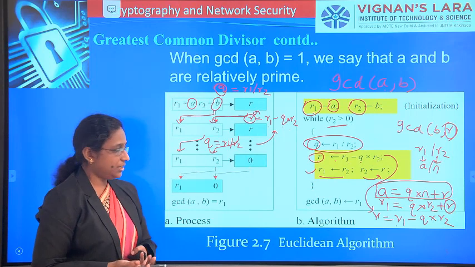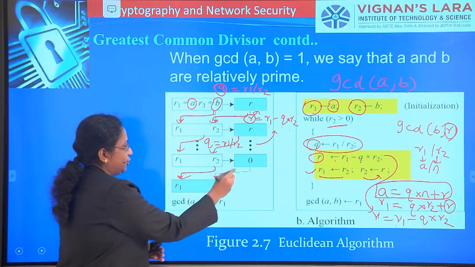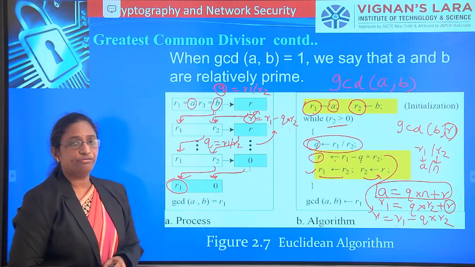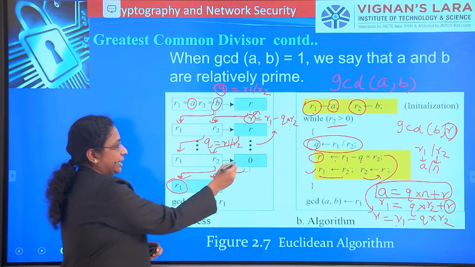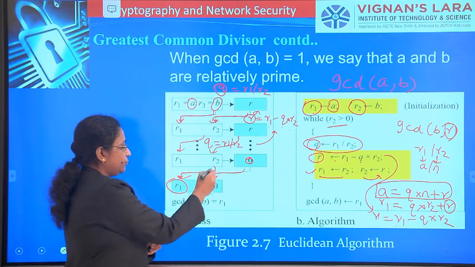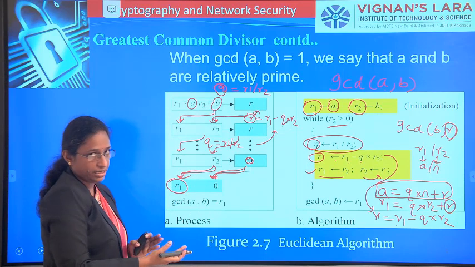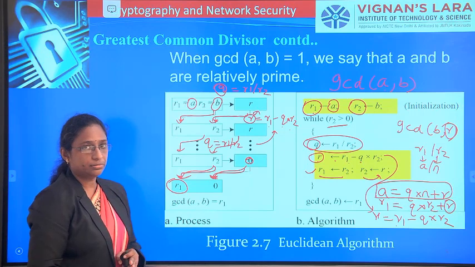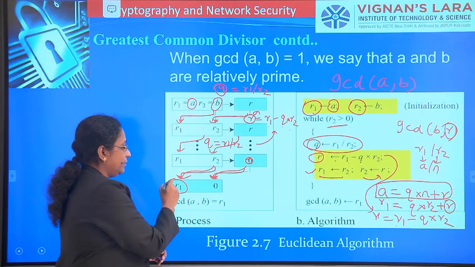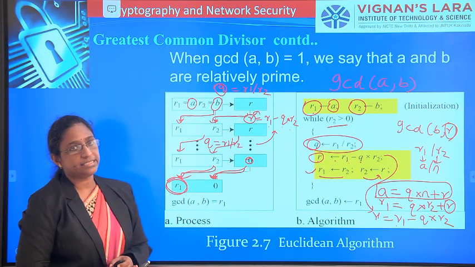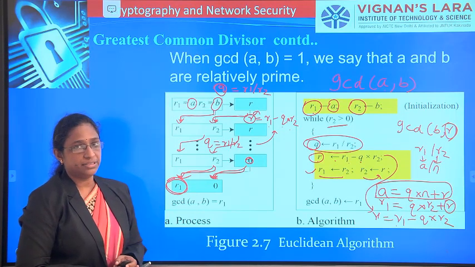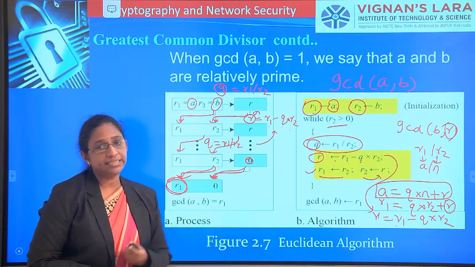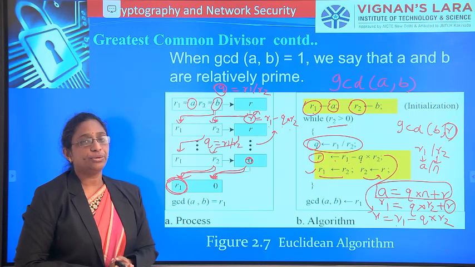When your R becomes 0, you do one more shift, that is, the assignment R1 equal to R2 and R2 equal to R. After doing that assignment, whatever R1 value you get is said to be the GCD of the two numbers. So this is the algorithm and the process for calculating the GCD of two numbers using the Euclidean algorithm.